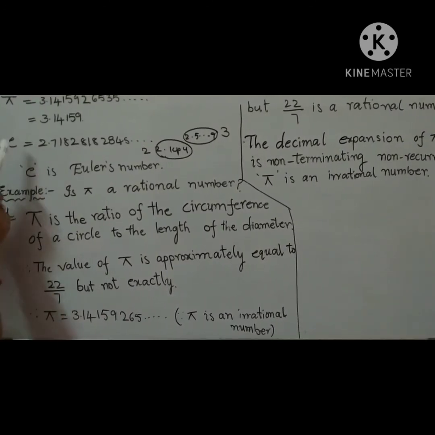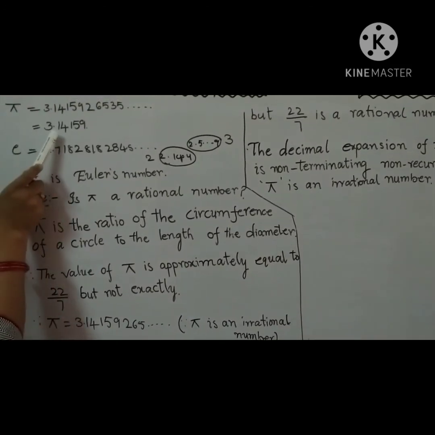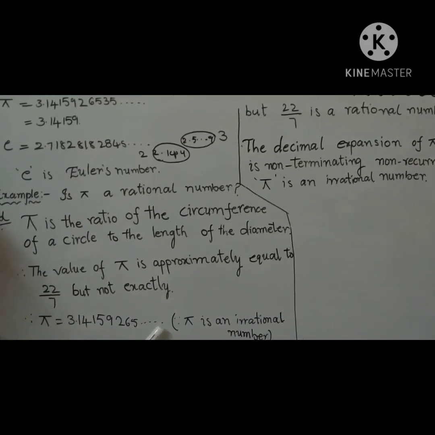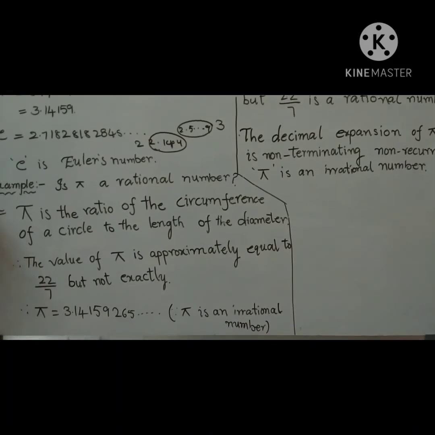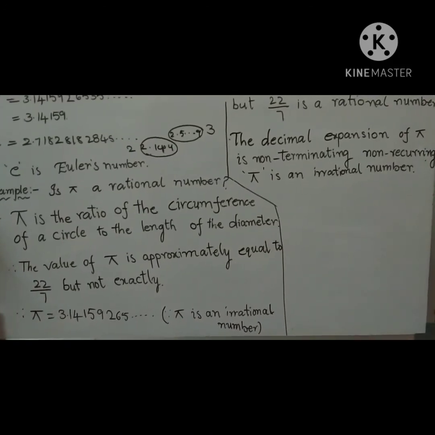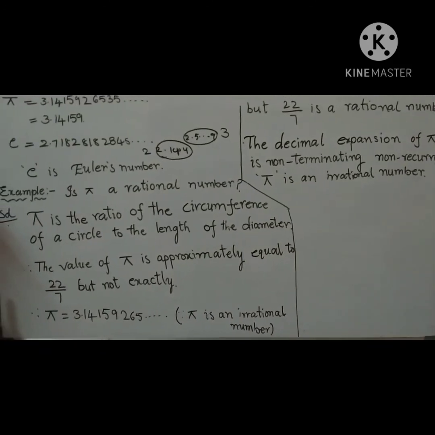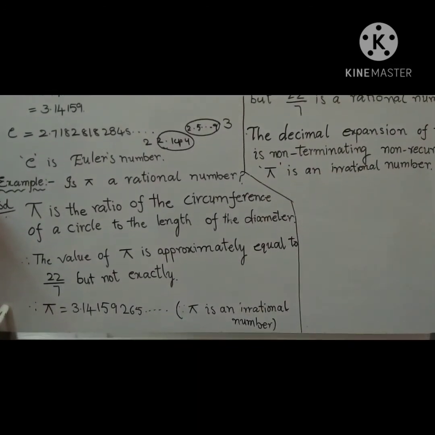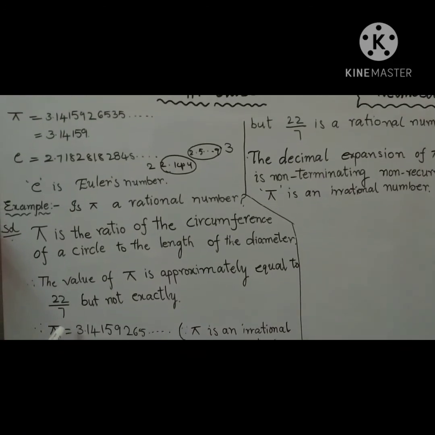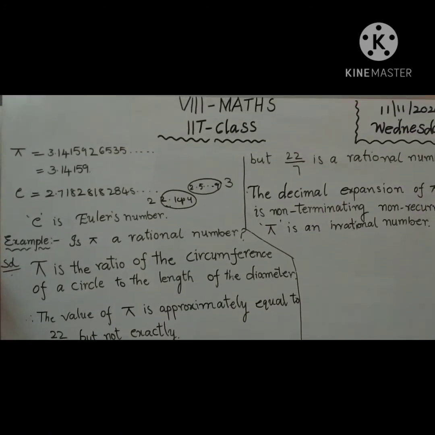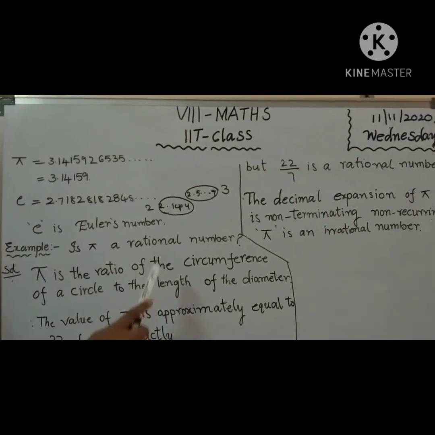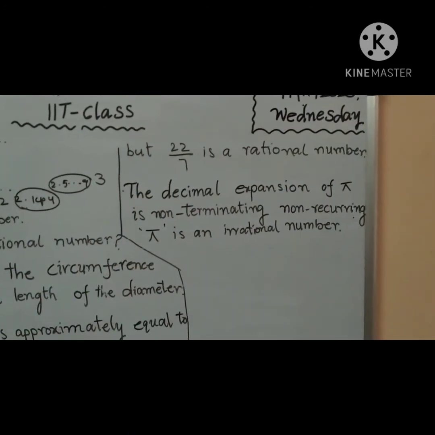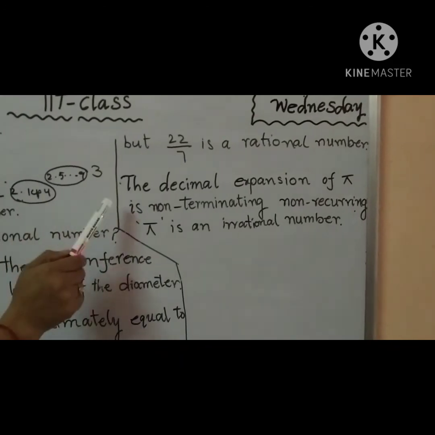So pi equal to what we already wrote here, 3.14159265. So pi is an irrational number. Already at the start of this class we explained rational numbers and irrational numbers. Irrational number examples are root 2, root 3, root 5, pi, e values, decimals also. But 22 by 7 is a rational number. 22 by 7 is a fraction, so that is a rational number.